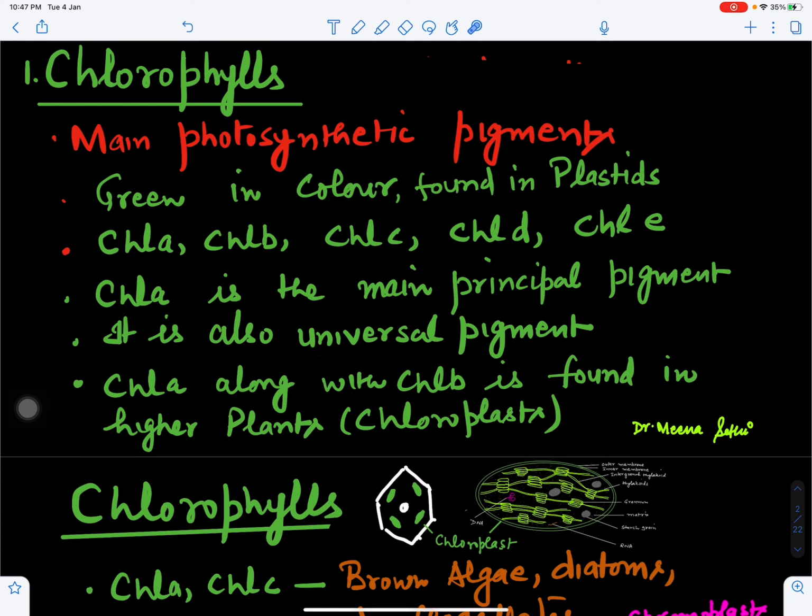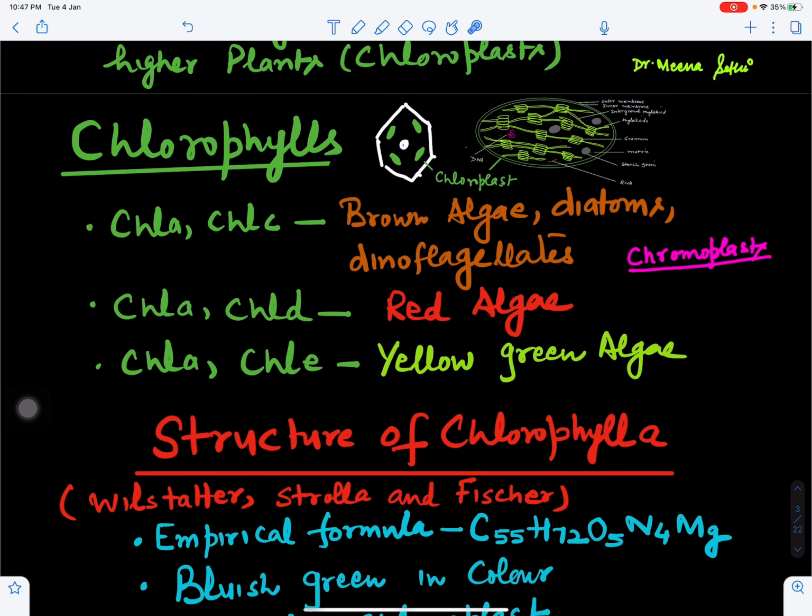Now chlorophyll-a can be found with chlorophyll-b. When the combination is chlorophyll-a and chlorophyll-b, it is found in plastids called chloroplasts. But chlorophyll-a may also be found along with chlorophyll-c, d, or e. When the combination is chlorophyll-a and chlorophyll-c, it is usually found in brown algae, diatoms and dinoflagellates.